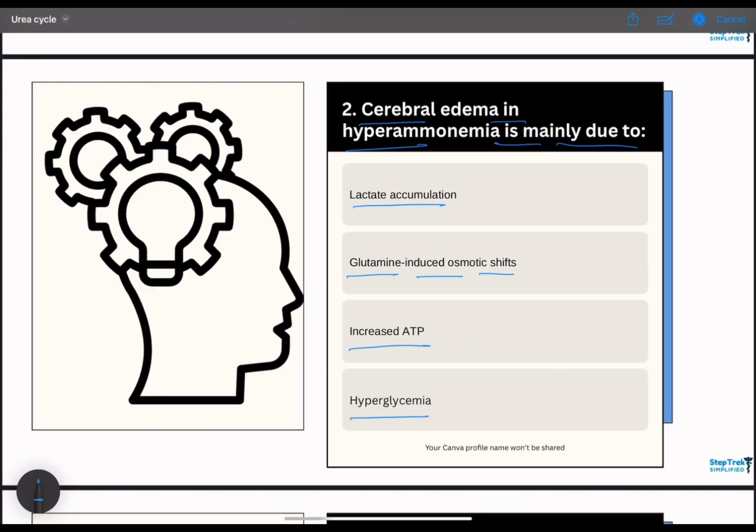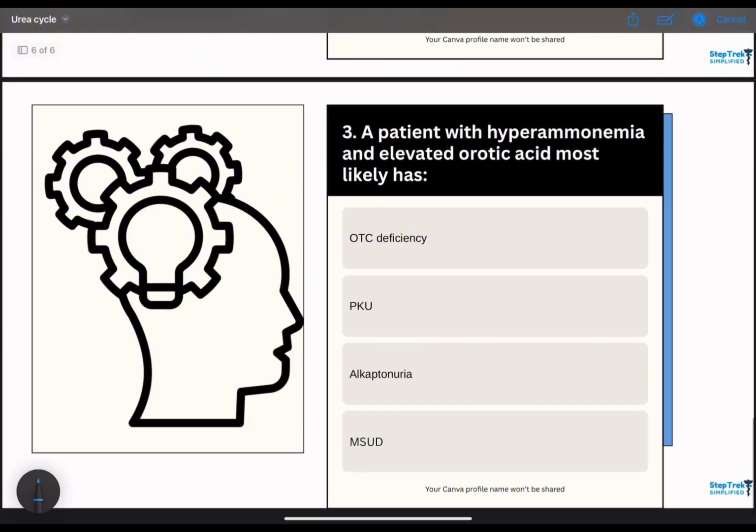And the correct option is glutamine-induced osmotic shifts. And the last: a patient with hyperammonemia and elevated orotic acid most likely has OTC deficiency, phenylketonuria, alkaptonuria, or maple syrup urine disease? And the correct option is OTC deficiency.